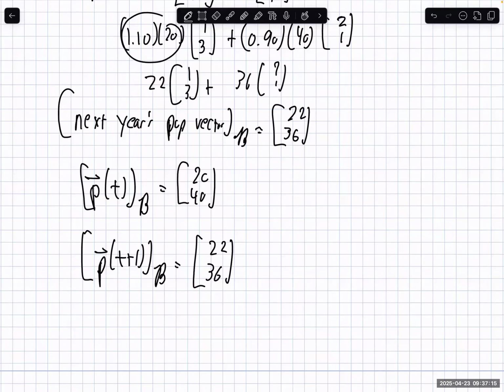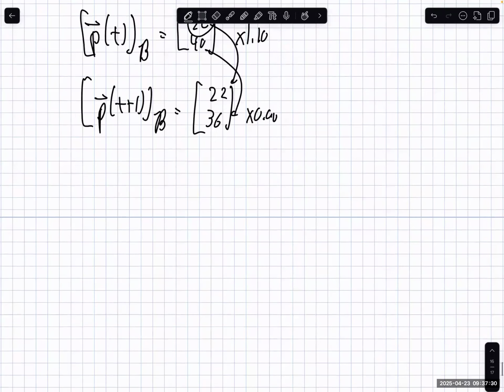So if I decide just to work in this new basis, I see that the x coordinate increased by 10% and the y coordinate decreased by 10%.